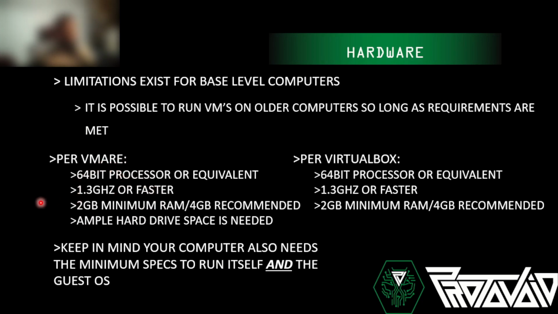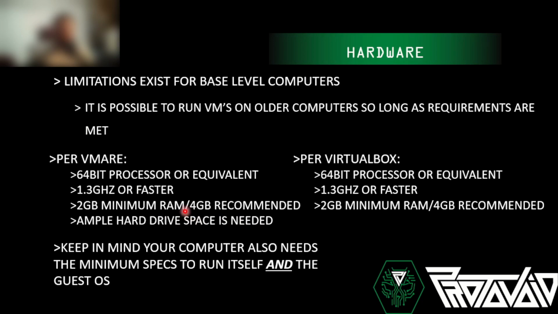Ample hard drive space. So that should tell you, the other issue or side of virtual machines is you have to store a second hard drive on your computer. And then for VirtualBox, same exact things right here.